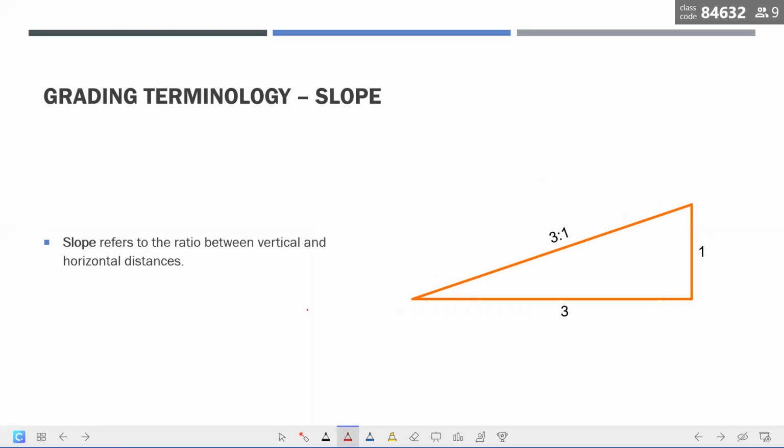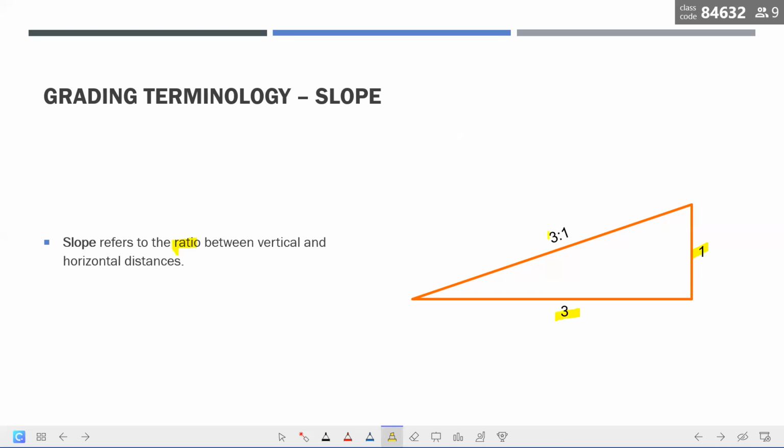So that's grade, and the next terminology is slope. Slope refers to the ratio this time. The difference between grade and slope is that slope refers to the ratio between vertical and horizontal distances. So here we have, say, a 3 meter distance and a 1 meter height.